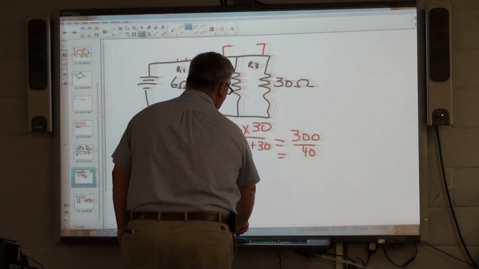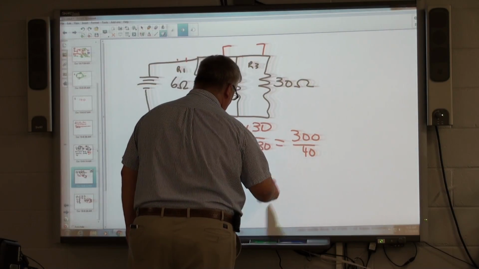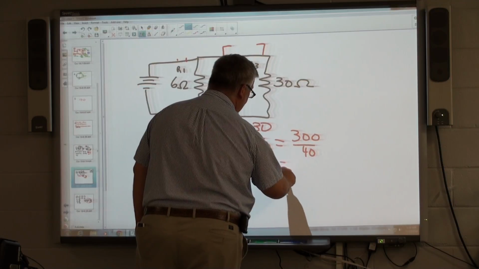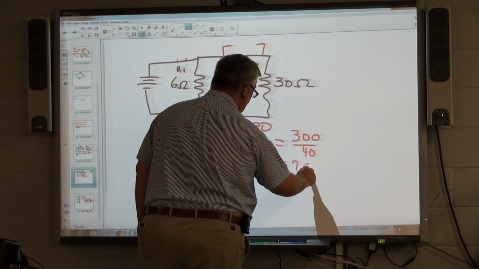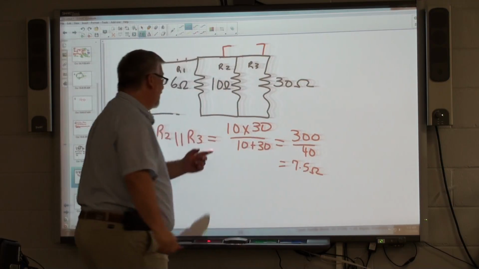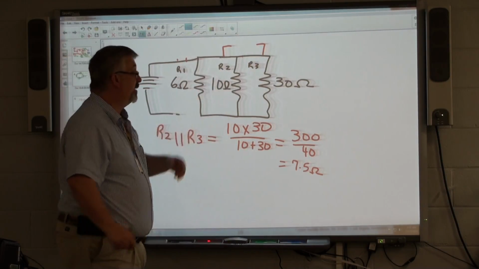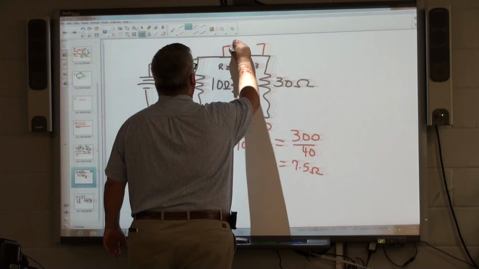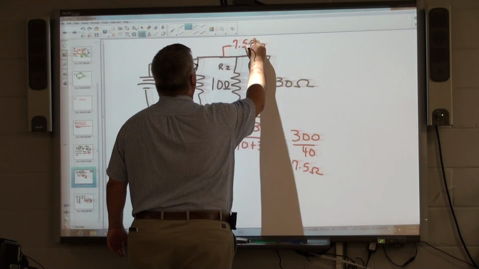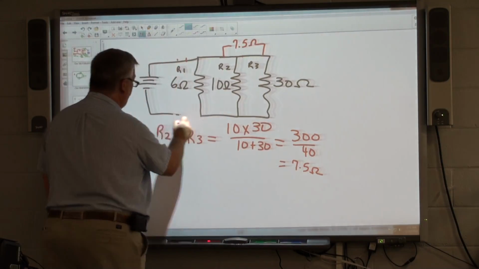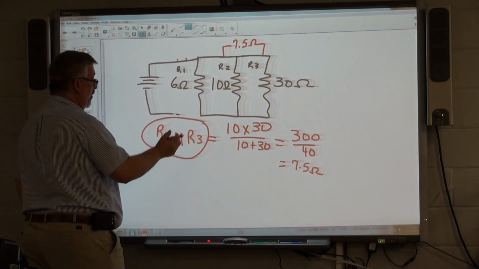Is that right? Yes. So 7.5 ohms. Well, the rules still apply. We had a 10 and we had a 30, it had to be less than 10. 7.5 is less than 10, so the parallel equivalent of R2 and R3 is 7.5.